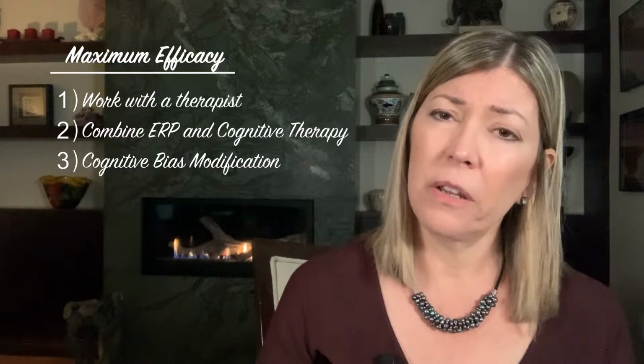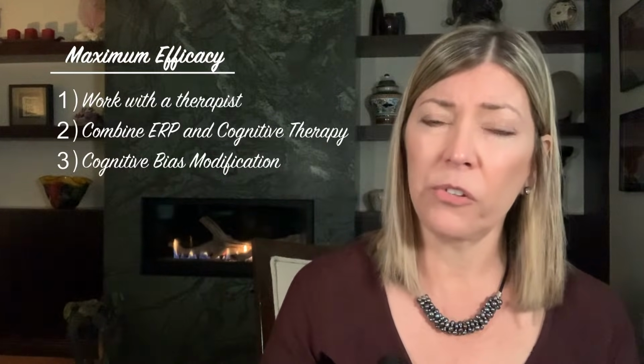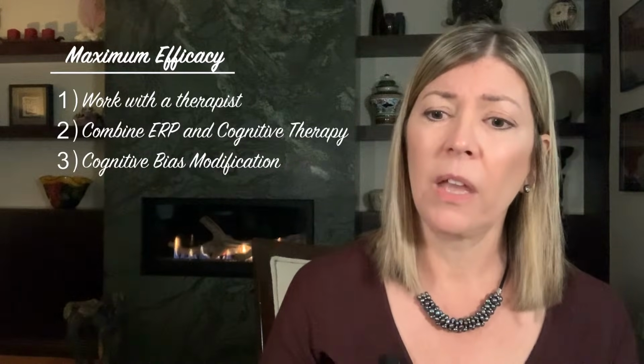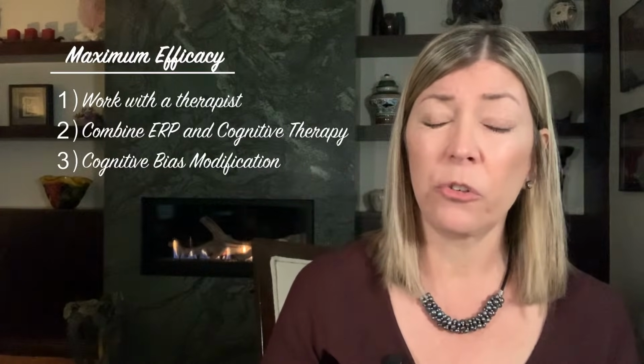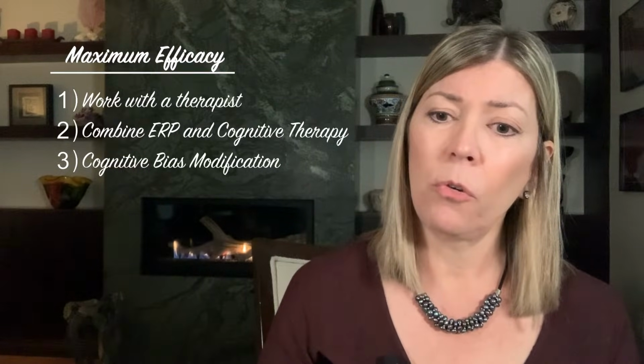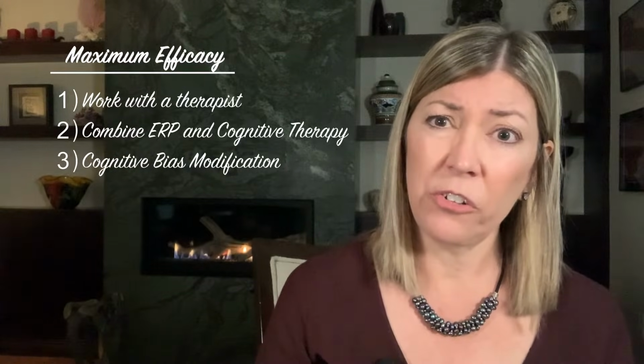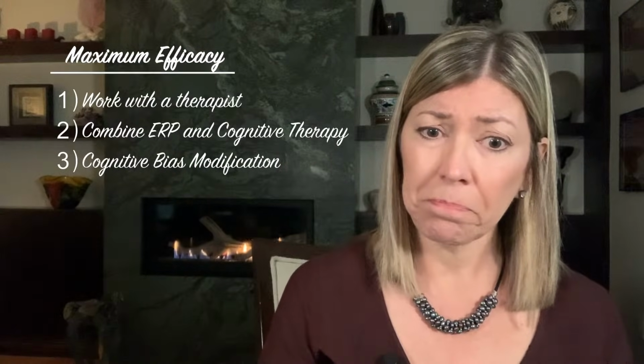They interpret very benign situations, environments and thoughts as being dangerous, and they also interpret themselves as being more responsible. And so we really work on those different interpretation biases in therapy.